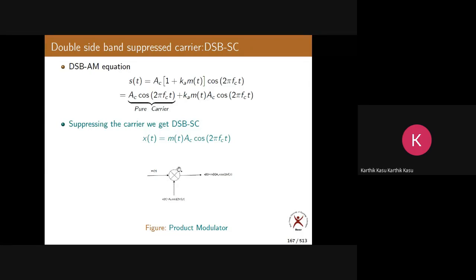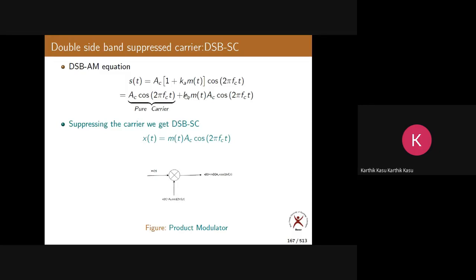It is not so simple and is very difficult to design, but by using a figure you can represent it like this: m of t into AC into cos 2 pi FCT. This is what DSB-SC means. We have removed this term. Anyway, Ka is a constant, we have removed that also.